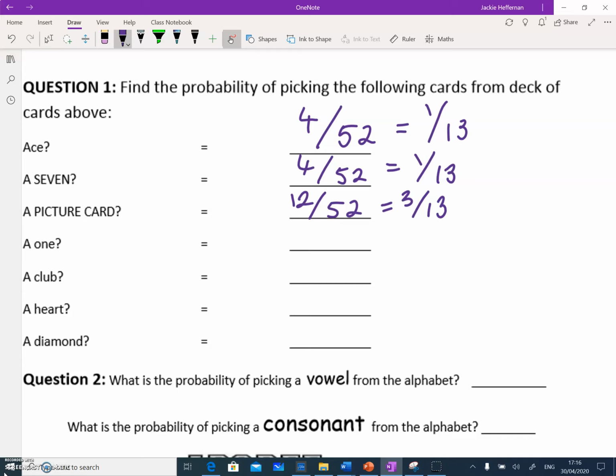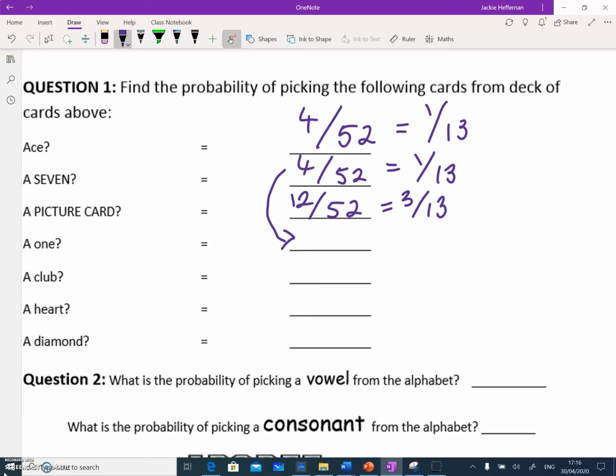How many ones is there? Okay, that's kind of a tricky one. A 1 is an ace, so that would be the same as above. A club, there is 13, so don't get that wrong.